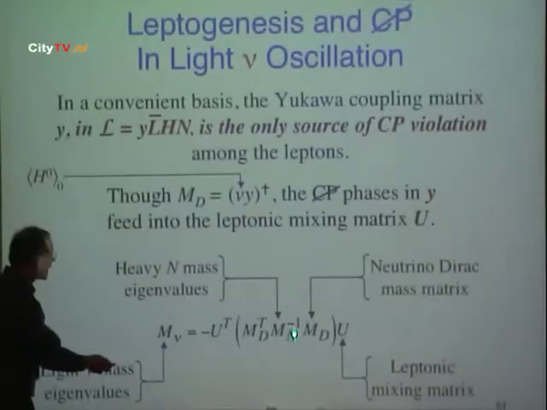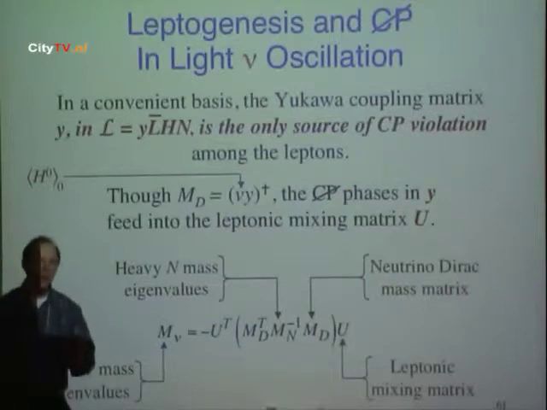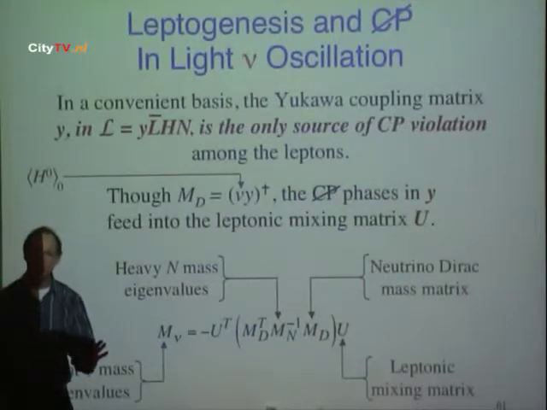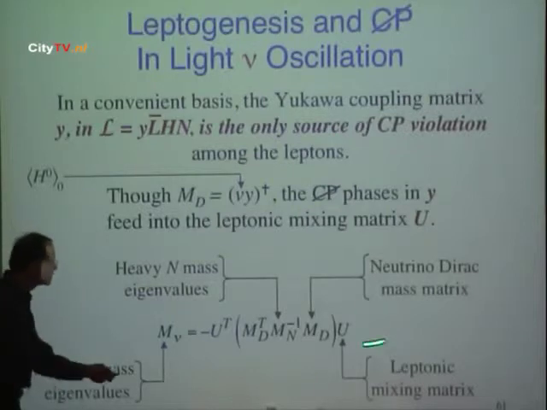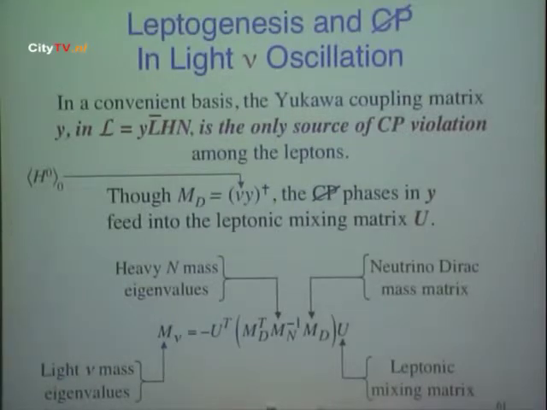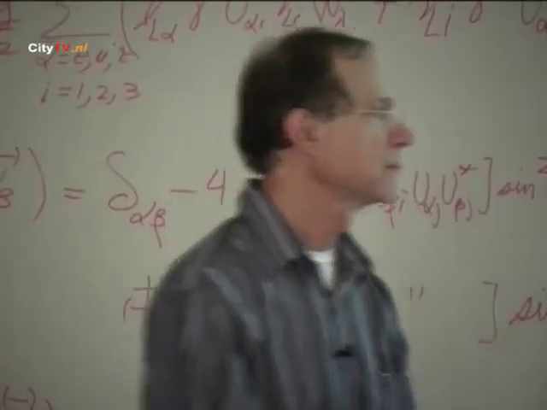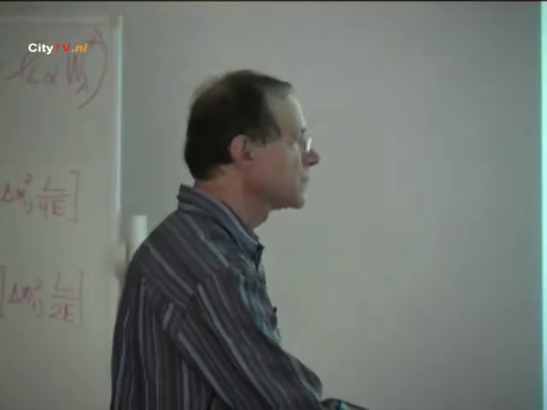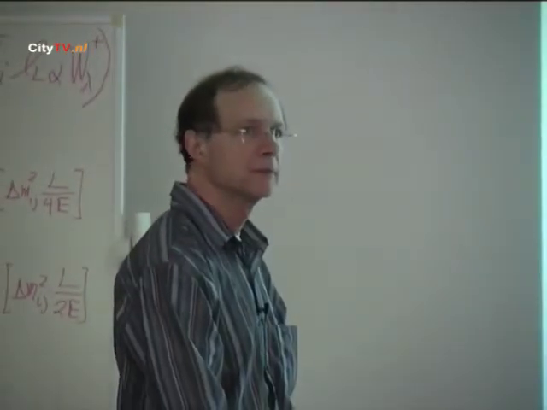In terms of this Dirac mass, here is the diagonal mass matrix for the heavy neutrinos, whose diagonal elements are just the masses of those heavy neutrinos N. Masses, so they're real numbers. And this mixing matrix, which we have been talking about and which we claim is unitary, here is the seesaw relation.